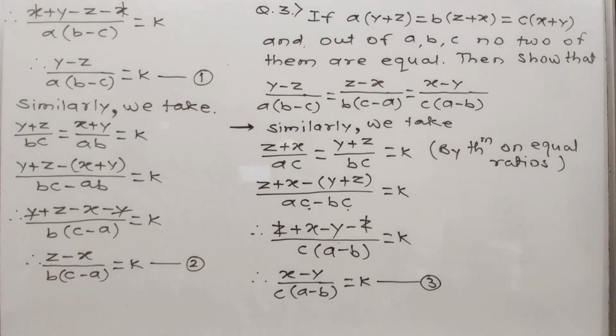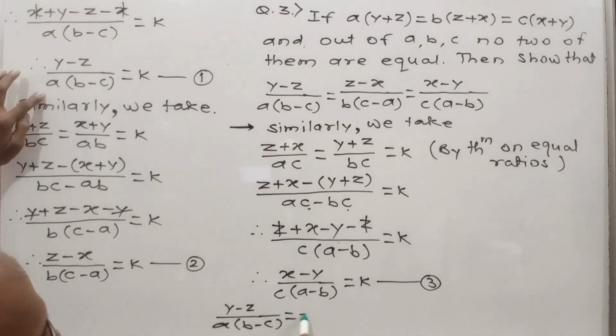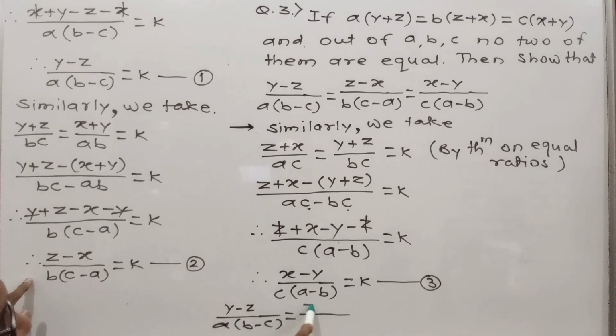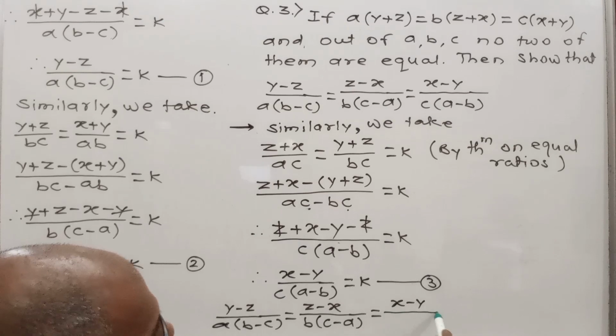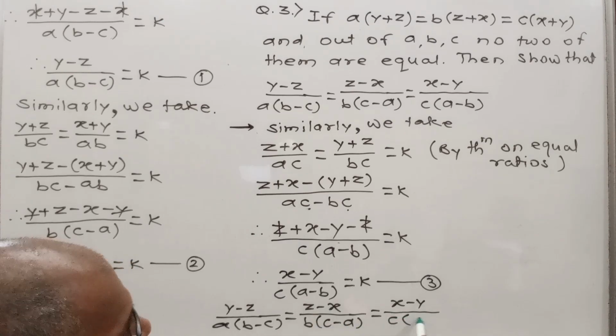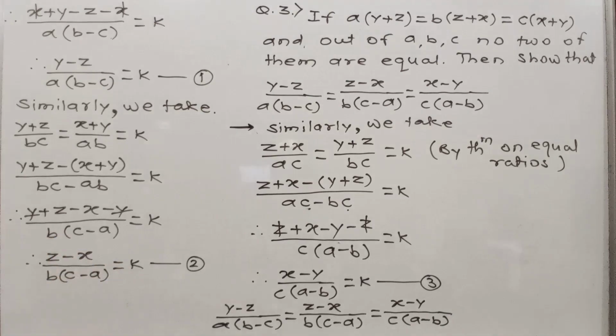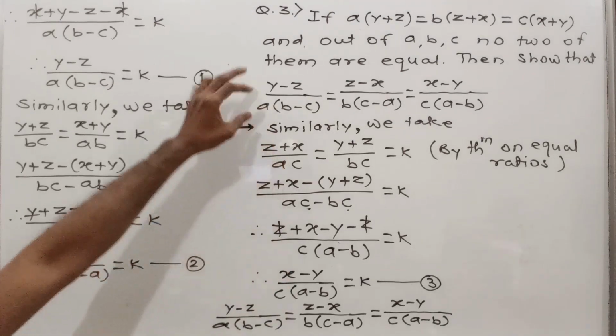So (y − z)/a(b − c) = (z − x)/b(c − a) = (x − y)/c(a − b). This is what we had to prove.